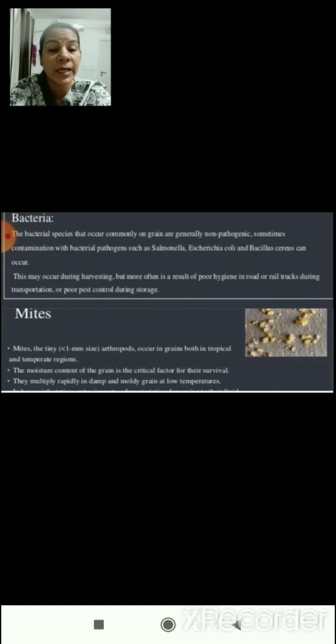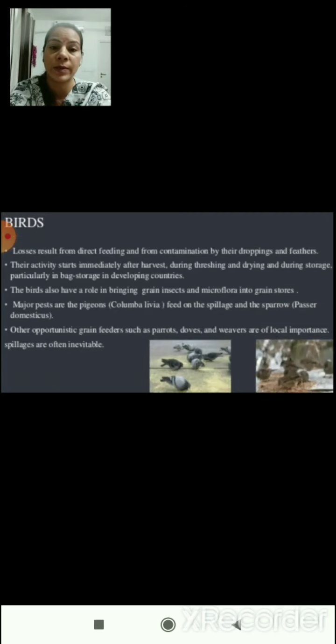If moisture content is there, the mites can very easily grow in that grain. If the grain is very dry and does not have any moisture in it, in that condition these mites will have difficulty growing. Mites multiply rapidly in damp and moldy grains at low temperature. When the temperature is high, these mites will not be able to grow in the grains.